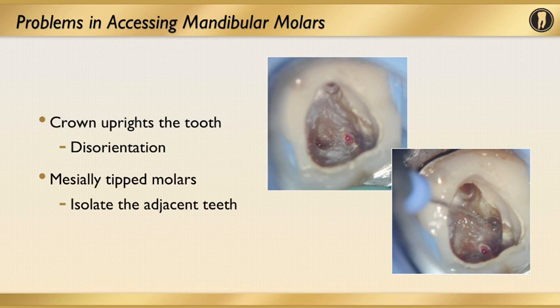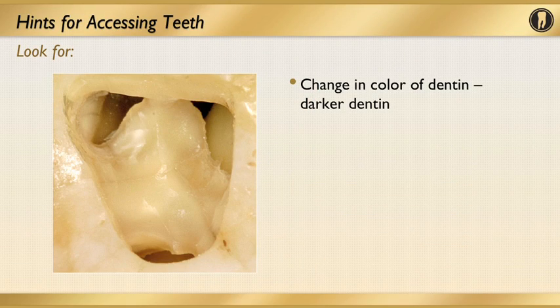Some hints that we can hold on to while accessing teeth are common from tooth to tooth. First, we'll notice that there's a change in the color of dentin. Simple changes in the color of dentin can alert us to clues of depth of penetration during canal preparation.